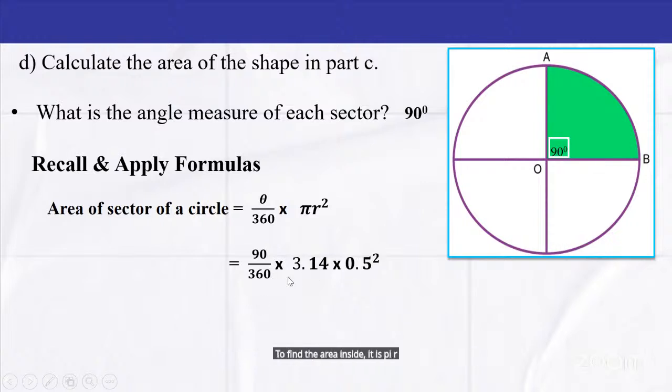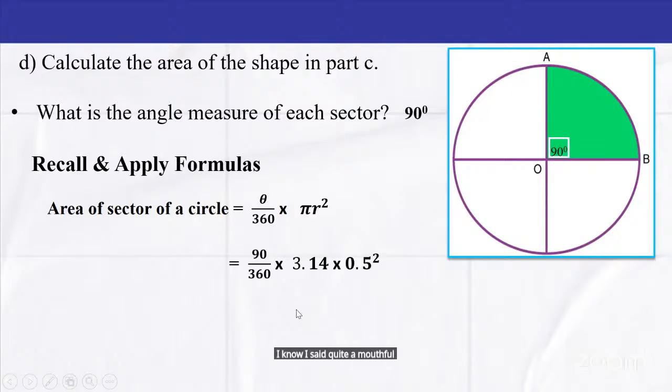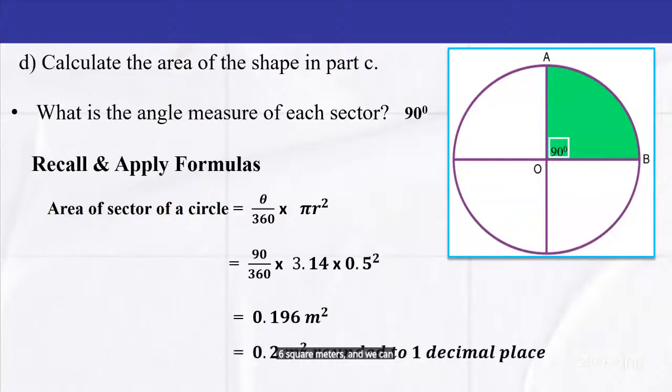So we are taking a fraction of the area of the inside of the circle. I know I said quite a mouthful. I hope you understand what I just said. All right, so if we do our calculation, we would end up with 0.196 square meters, and we can round that to 1 decimal place to 0.2 square meters.